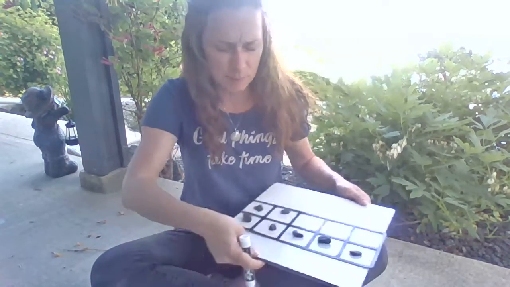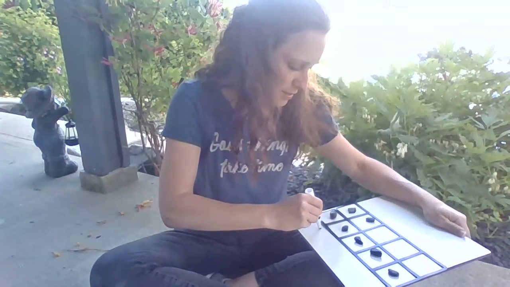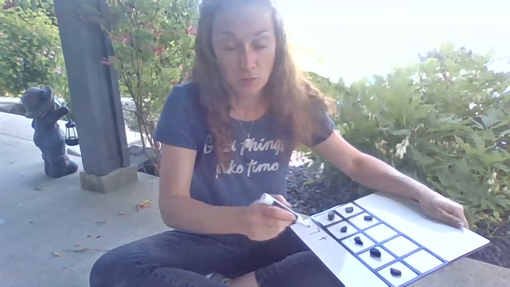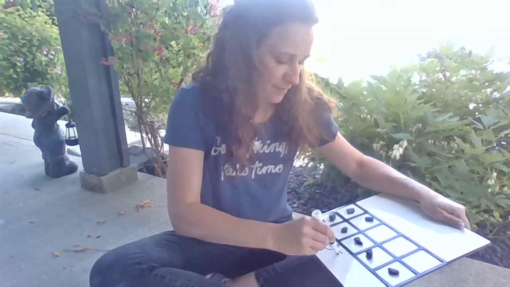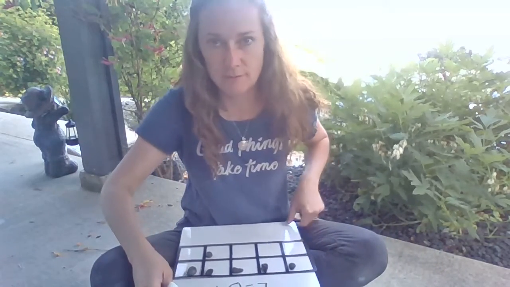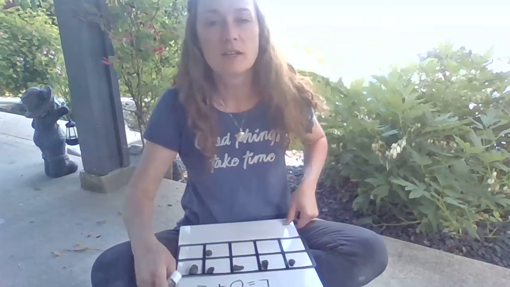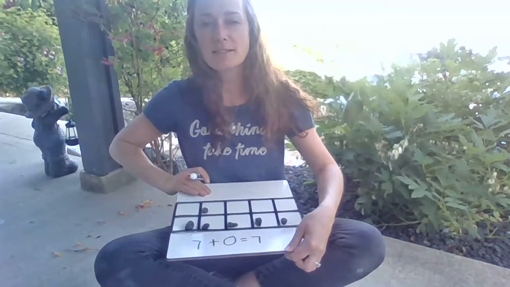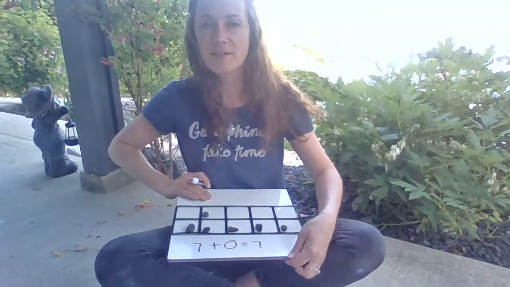How do I do a 7 upside down? 7 plus 0 is 7. So there we go. Whoop. Oh my gosh, sliding away. So there we go. My first one is 7 plus 0 is 7.